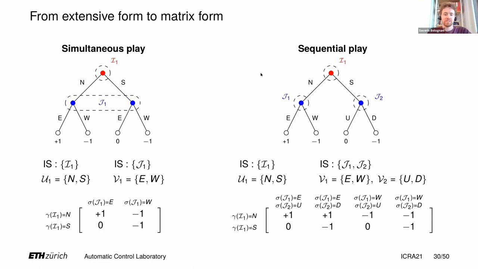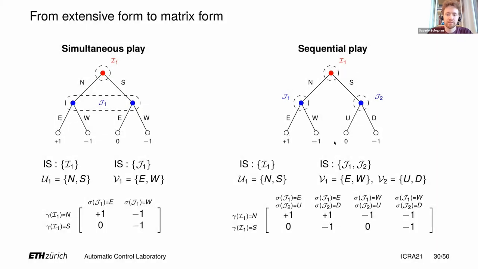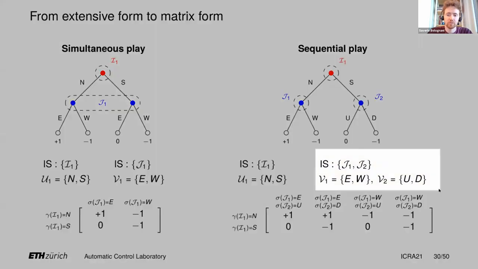Now, in the case of sequential play, which is the most natural first step towards multi-stage games, player one decides first and player two is allowed to respond. By that, I mean that the information sets are singletons. And by being singleton, that means that player two knows the decision of player one. Now, the information sets for player two are actually 2 of them. By the way, they have different action spaces for the 2 of them.